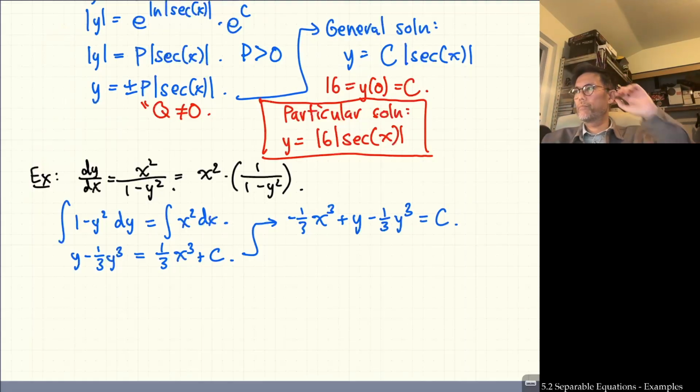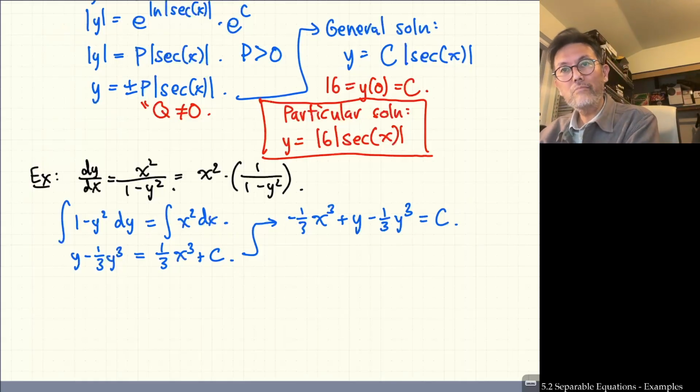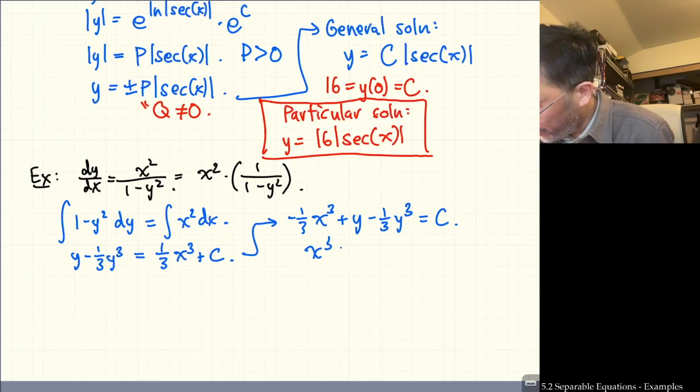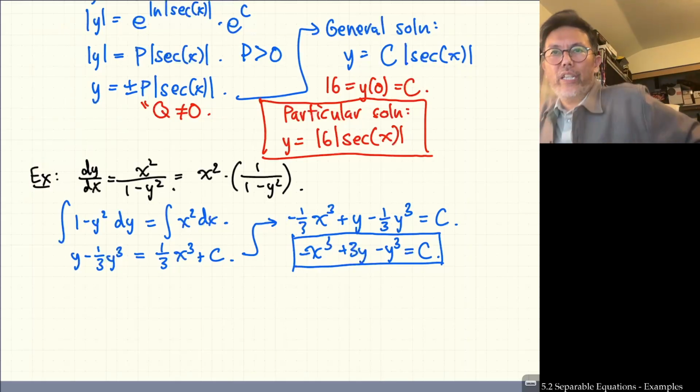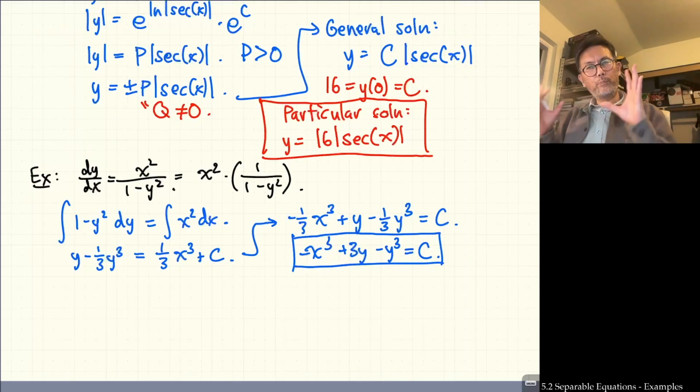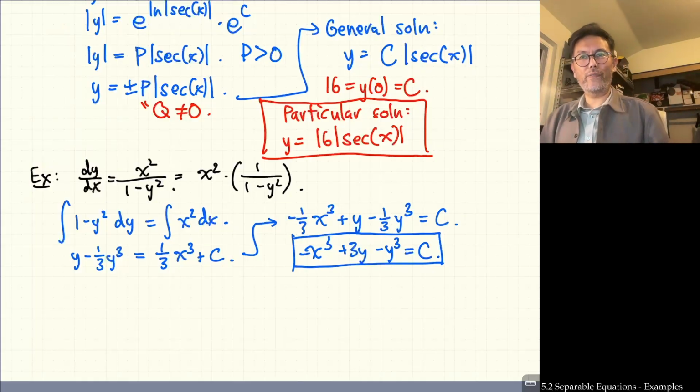And if I really wanted to, because c is the same thing as 3c, I could just multiply through by 3 and get negative x cubed plus 3y minus y cubed equals a constant c. And here is the expression for y implicitly as a function of x.